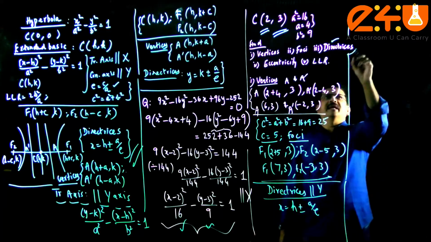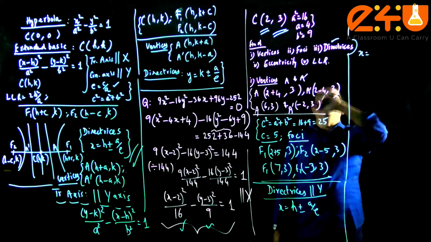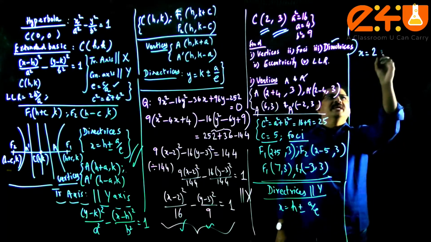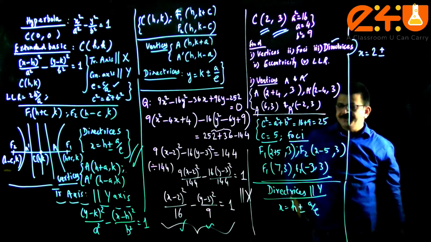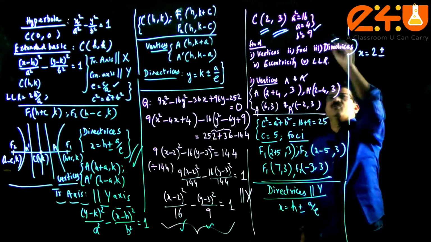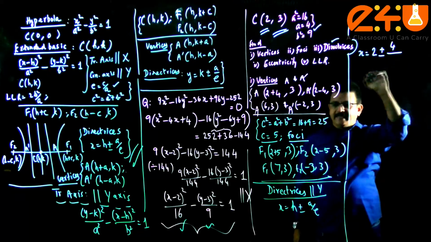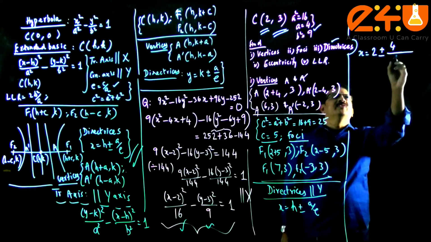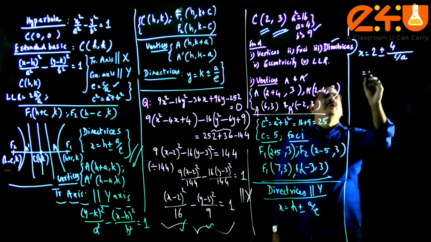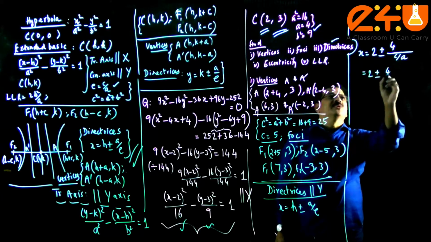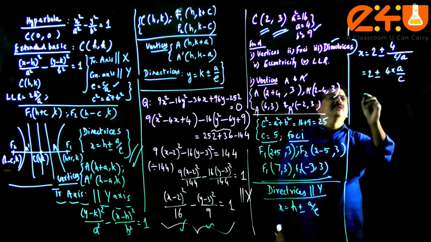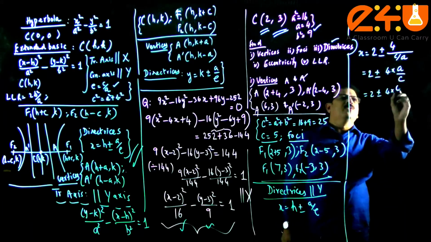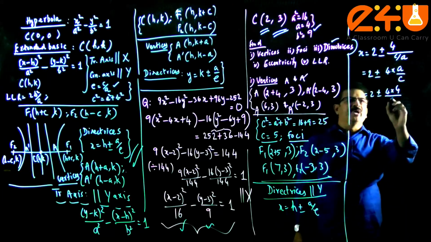So for the directrices we get x is equal to the h value available from here, the x coordinate, plus or minus the a value available, 4, by the e value. Okay, so that means the e value we are yet to get, which is c by a again. So 2 plus or minus 4 times a by c, plus or minus 4 times a, which is 4, by c, which is 5.